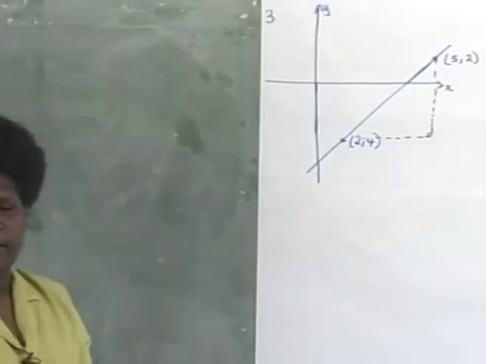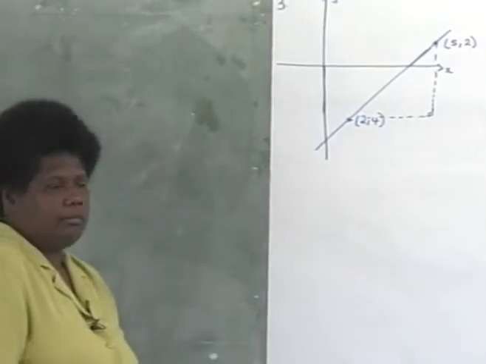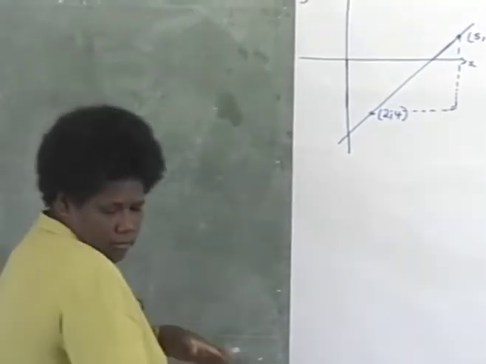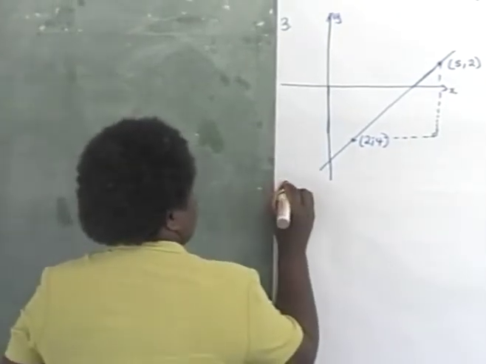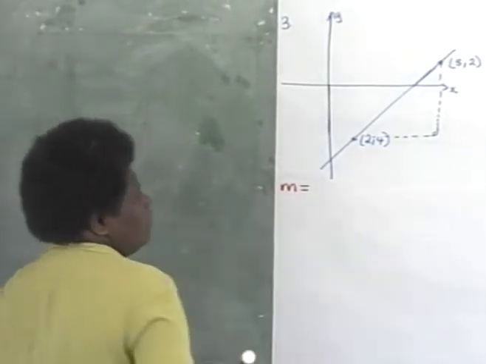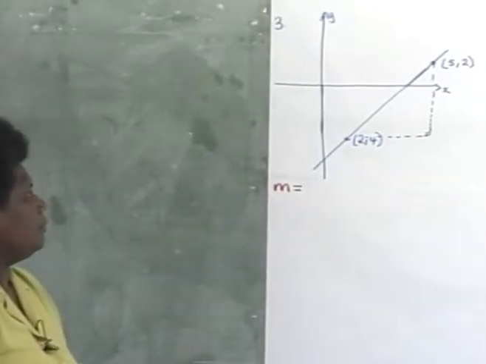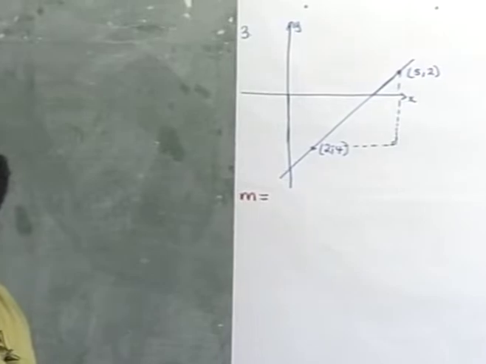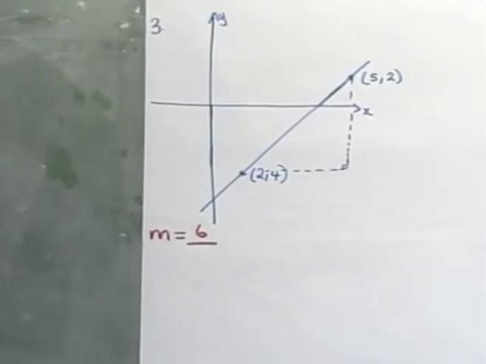What is the rise then? Positive 6. And the run?